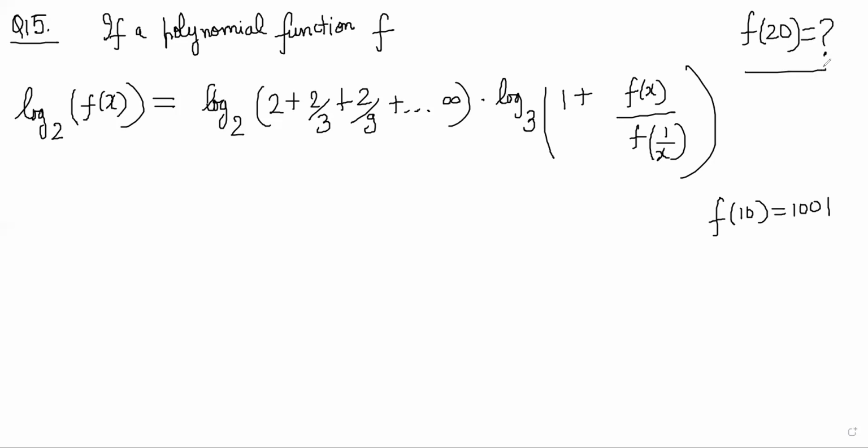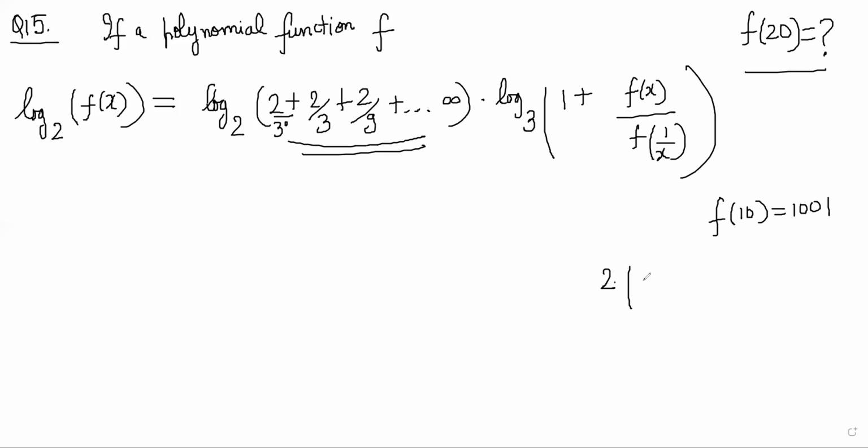Okay, so first this relation looks weird, so let's simplify this part a little bit. This is clearly a GP: 3 power 0, 3 power 1, 3 power 2 and so on. The sum of this GP: the first term is 2, the common ratio is 1 by 3.